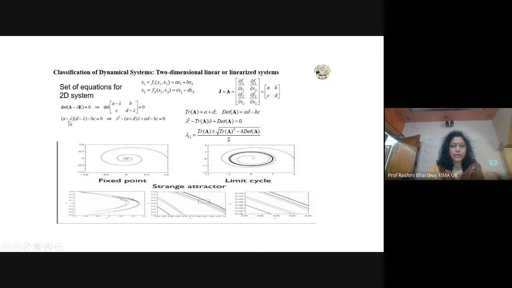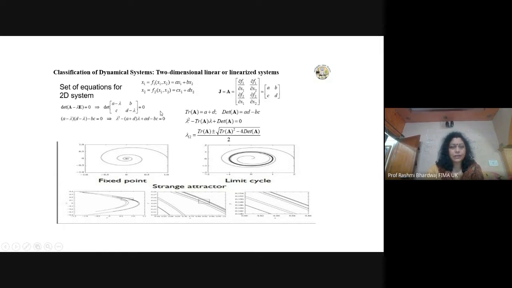And when we solve it, we get the equation lambda square minus (A plus D) lambda plus AD minus BC equal to 0. In simple terms, A plus D, the sum of the diagonal elements, is nothing but the trace of A, and AD minus BC is nothing but the determinant.